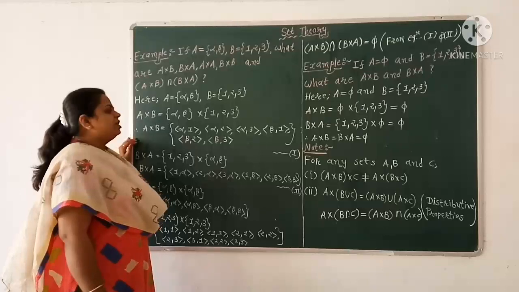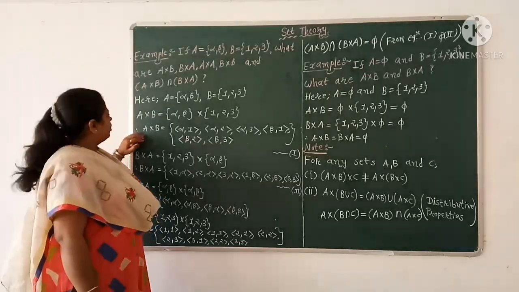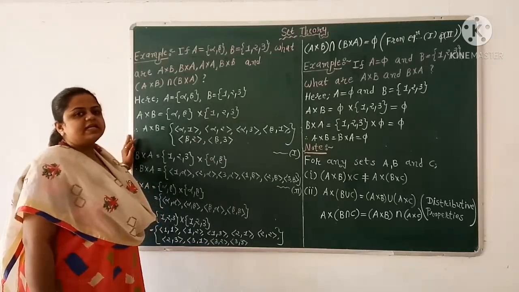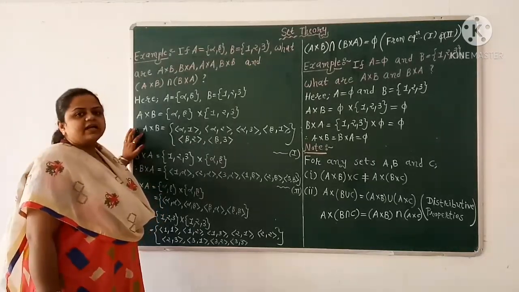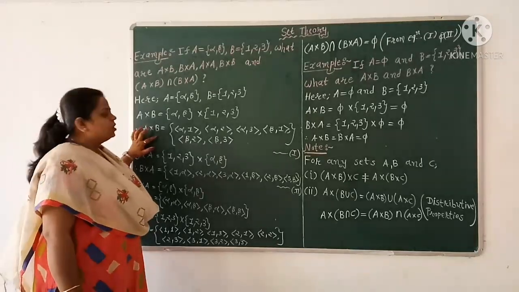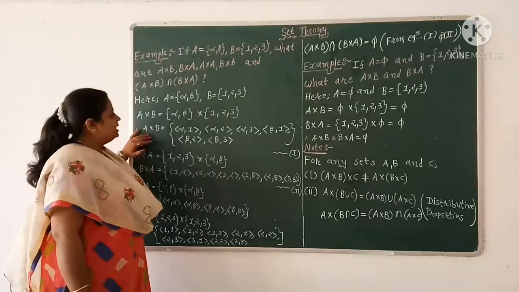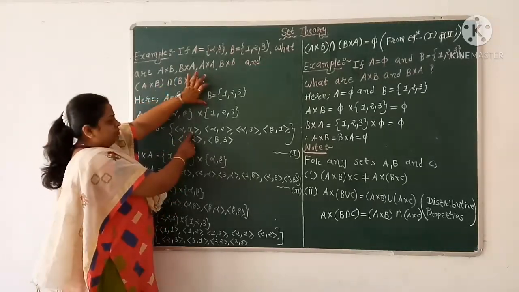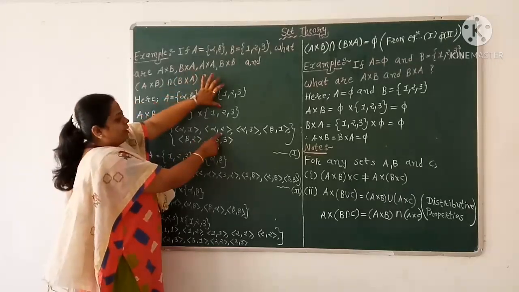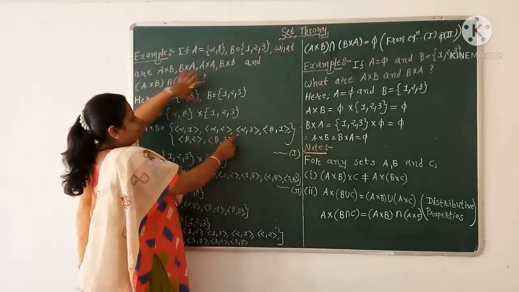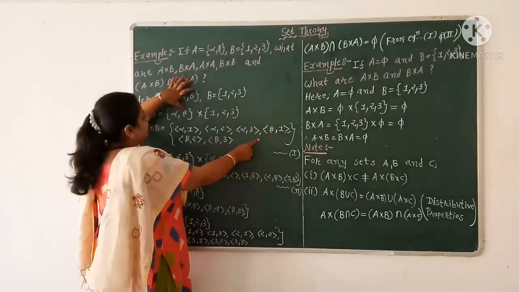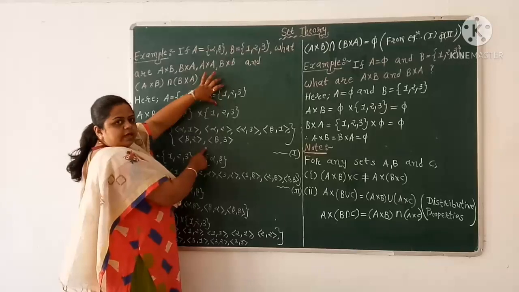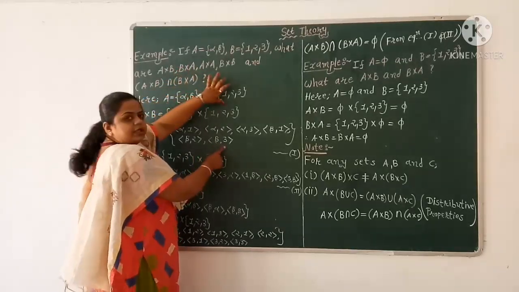Now by the definition of Cartesian product, A cross B is equal to the set of ordered pairs whose first element is of set A and second element is of set B. So we have A cross B is equal to the set of ordered pairs (alpha, 1), (alpha, 2), (alpha, 3), (beta, 1), (beta, 2), (beta, 3).